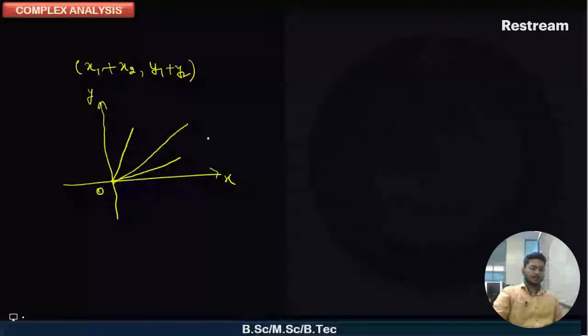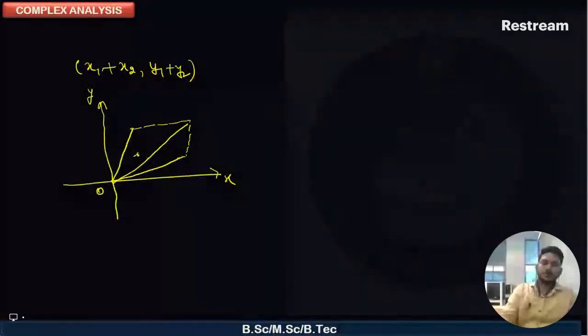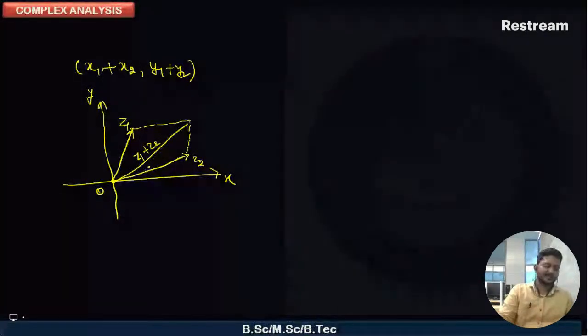The components here are Z1 and Z2. These are two vectors, Z2 and Z1, and the sum vector is Z1 plus Z2.